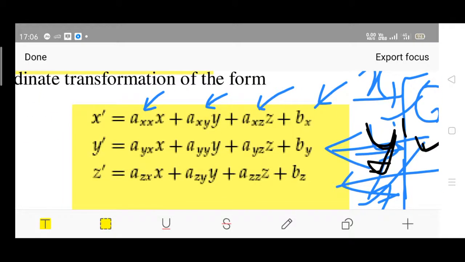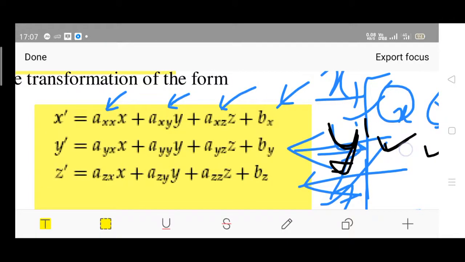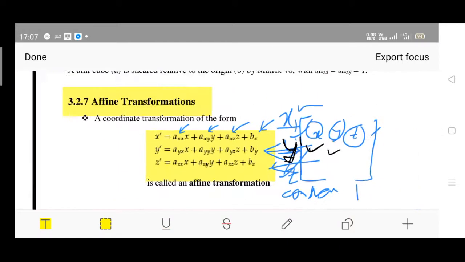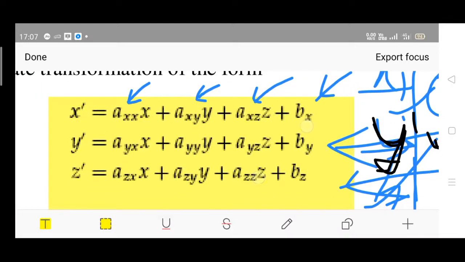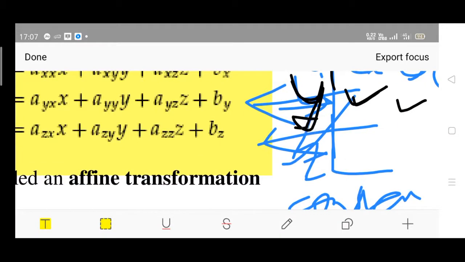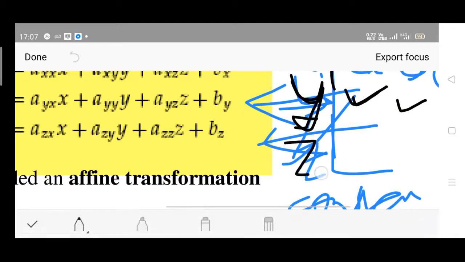In equation number 2, check the suffix, we started the suffix with y, a of y. Of course x is required because it is the first parameter. A of yy as the second parameter, a of yz as the third parameter. If you understand this concept, you will easily understand how to write equation number 3. Equation number 3 represents the z term, isn't it?